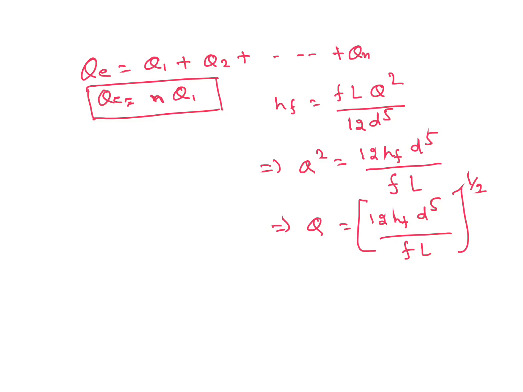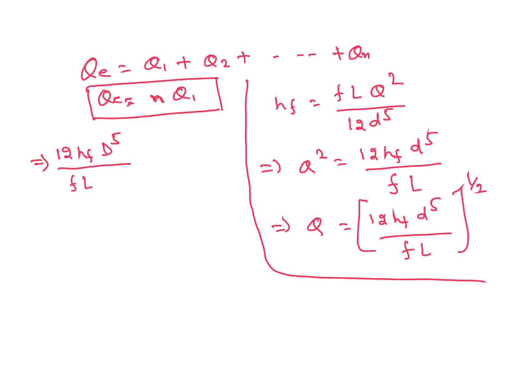Q equivalent: (12 HF capital D to the power 5 divided by FL) whole to the power 1 by 2 equal to n into (12 HF small d to the power 5 divided by FL) whole to the power 1 by 2.